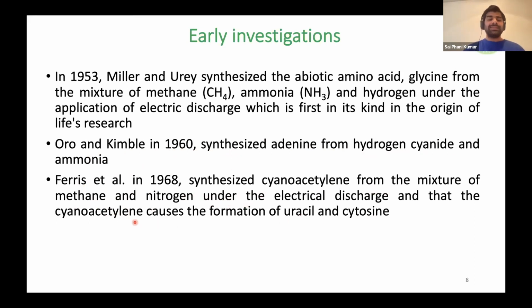The cyanoacetylene causes the formation of uracil and cytosine, because if we see the building blocks of DNA and RNA, they are made of adenine, guanine, cytosine, thymine, and adenine, guanine, uracil, cytosine. So from cyanoacetylene, we can produce uracil and cytosine. But it's a different thing whether we could synthesize the DNA or RNA from the uracil and cytosine.